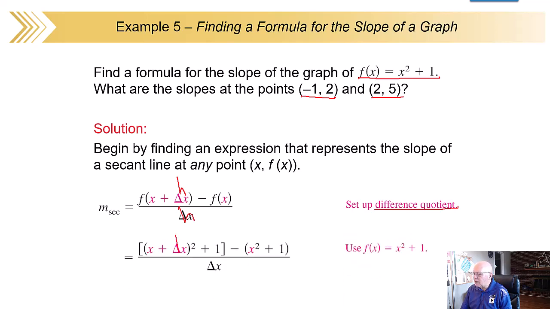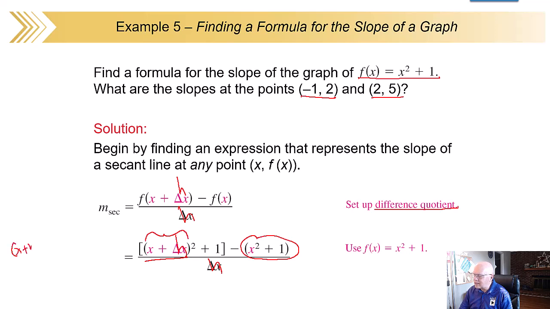So what we've got here is, since this is x squared plus 1, here's the x, changed to an x plus h, and here's the h down here from the difference quotient. Here's the original function. You need to expand this term right here very carefully.